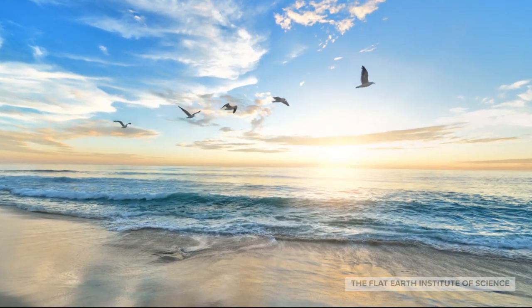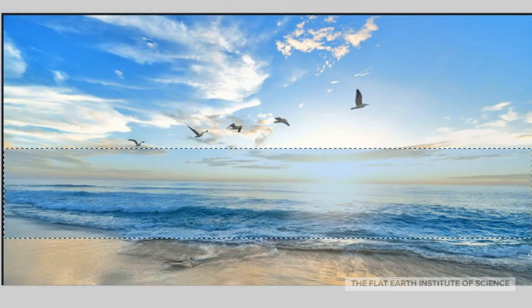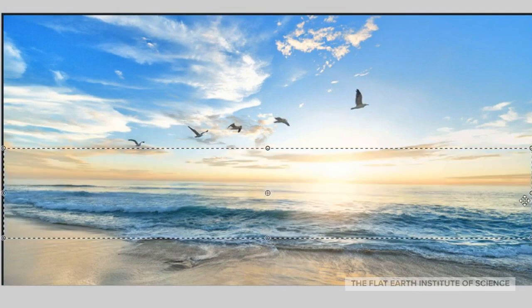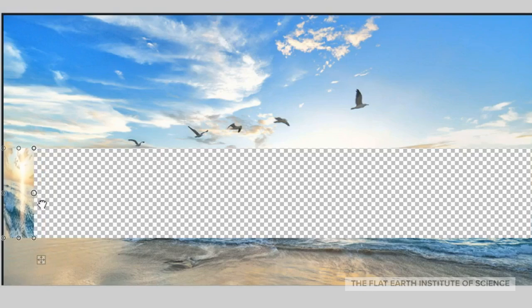I love this one. All right, select. Scrunch. Whoa! Look at that. Okay, well, the camera probably wasn't perfectly level on that one. I can see that, but it still looks pretty flat.